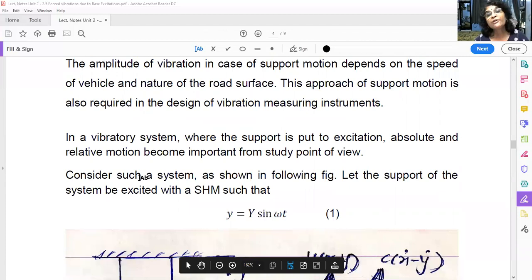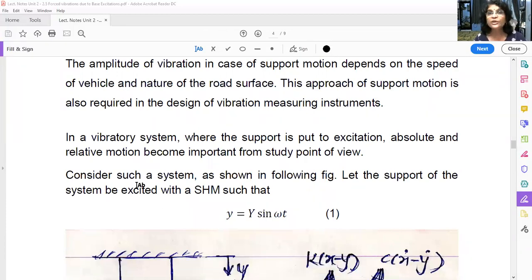As we have learned, x is the displacement of the mass. Here we will use a different parameter, that is y. In a vibratory system where the support is also vibrating, there are two cases we have to study. One is absolute motion, the other is relative motion.